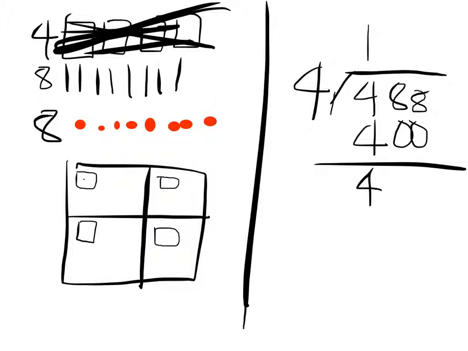When you're trading something in, for example, if there was 100 left over, since you couldn't divide 100 into 4 groups, you would simply trade that 100 in for 10 tens.